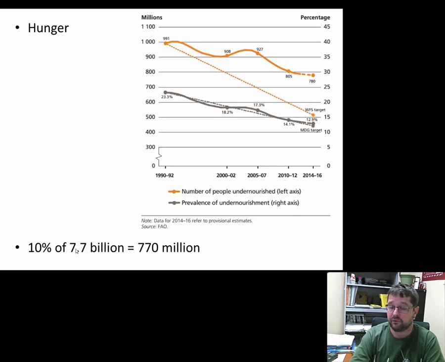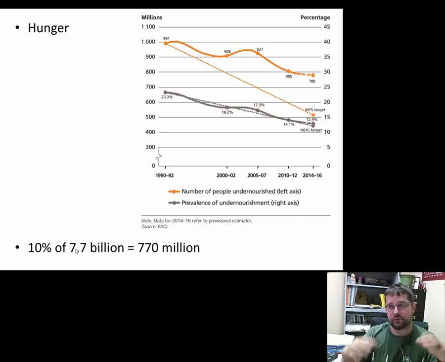But we only have 350 million people. So if you took every single person in the United States and you doubled them, and then you add a few more, that's how many people in the world are undernourished and basically dying of starvation. So that's the perspective I want you to take when we talk about things in class.